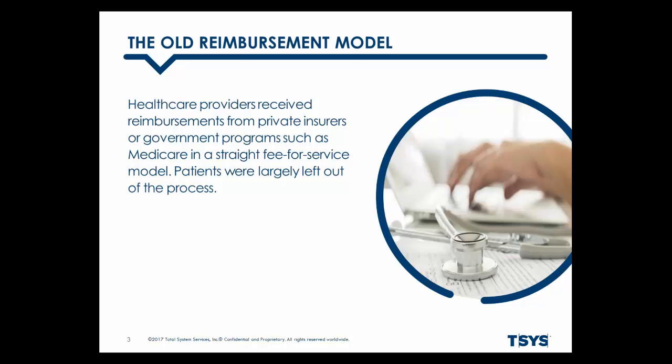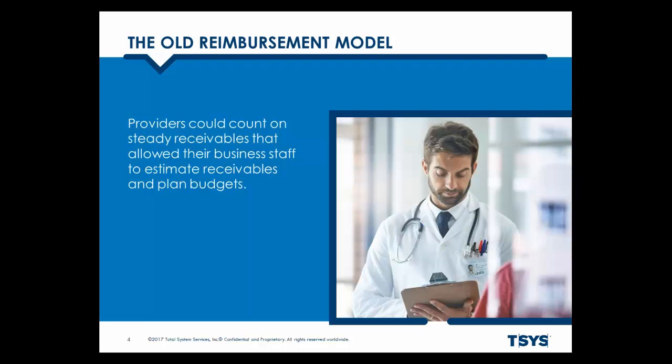Not to say that the patient was completely left out of the picture, but they were largely left out. The patient was going to pay their copay, maybe a co-insurance portion, and then a small deductible or chunk of the deductible. But for the most part, the majority of reimbursement was going to come in from the payers themselves.